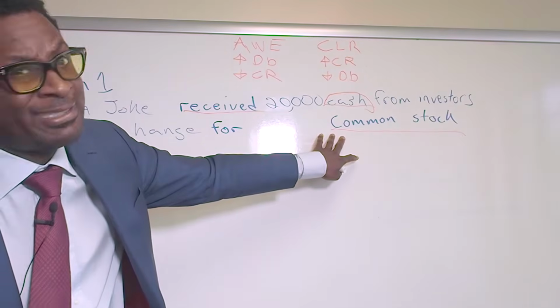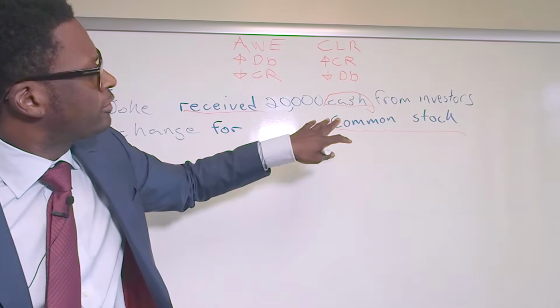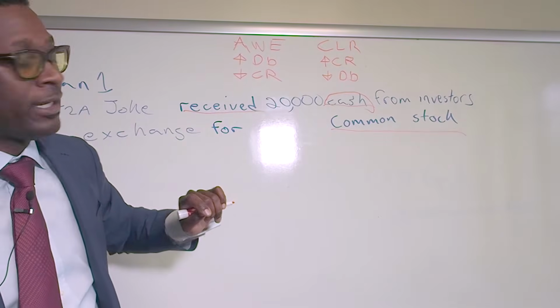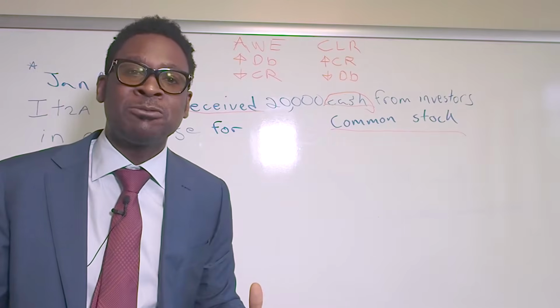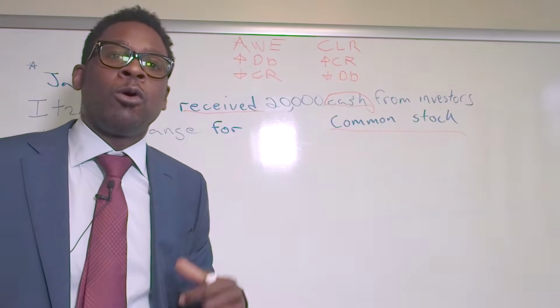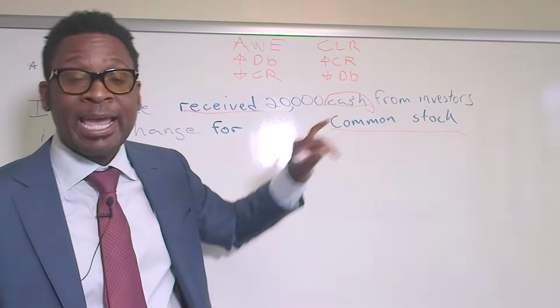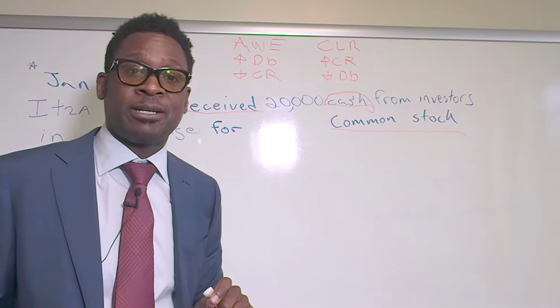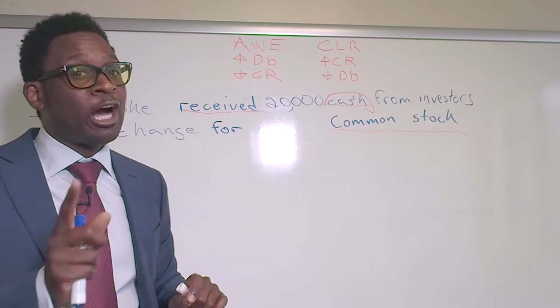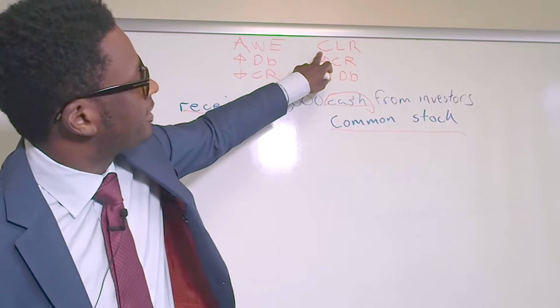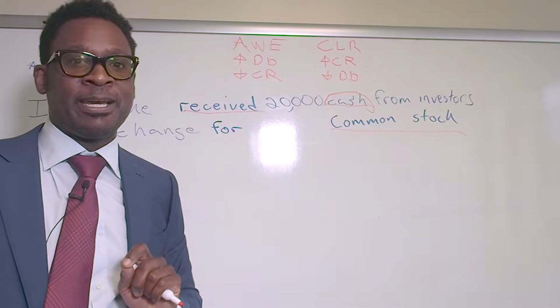The keywords guide us to everything. So look at the keyword common stock. Obviously, that is the account that has been affected. We receive cash by issuing common stock. And common stock happens to be a part of stockholders' equity. Stockholders' equity also belongs in the CLEAR gang, under capital, right?